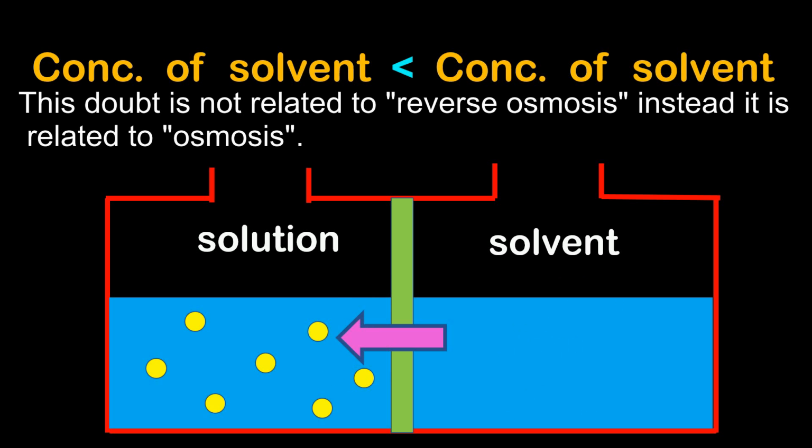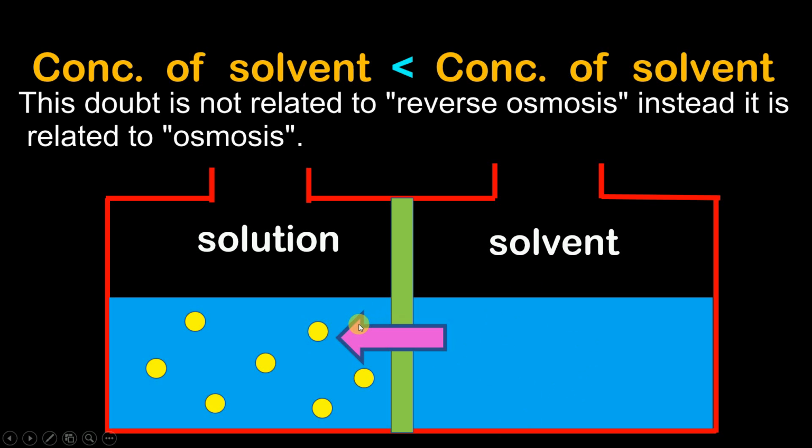See, some amount of solvent molecules on the left hand side will travel to the right hand side. Okay, since there are pores, they will obviously travel from left hand side to right hand side. But very few amount of the solvent molecules will travel from left hand side to the right hand side. Most of the molecules, very large amount of molecules, will travel from right hand side to the left hand side.